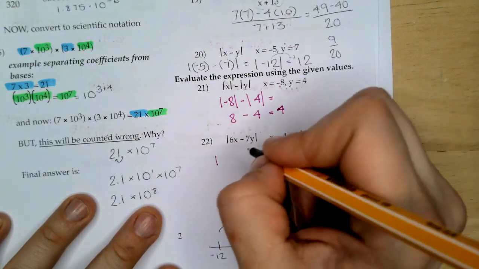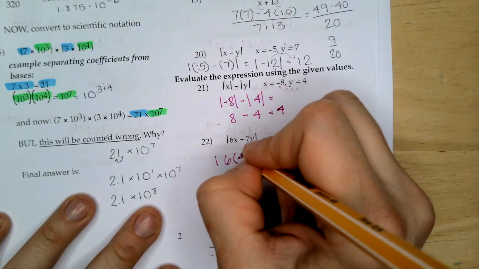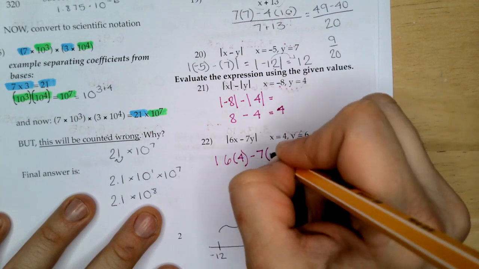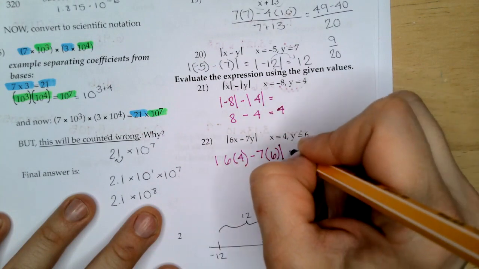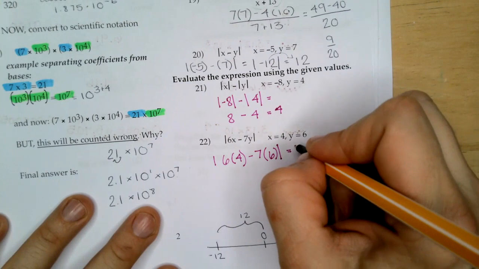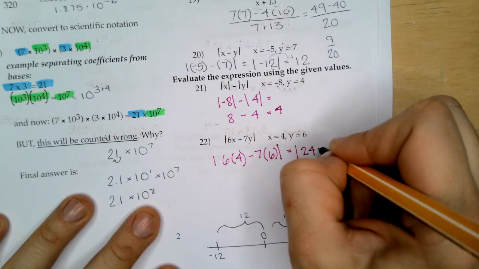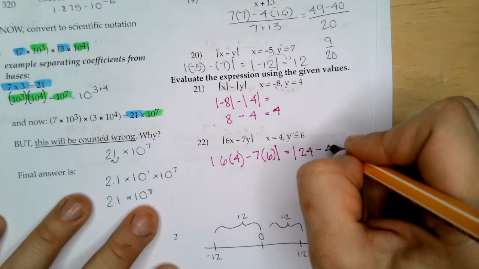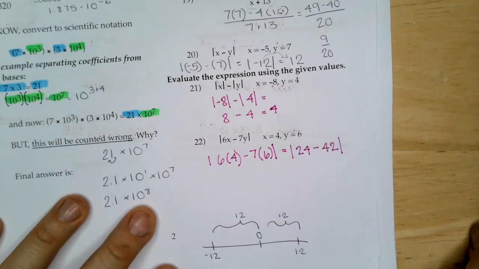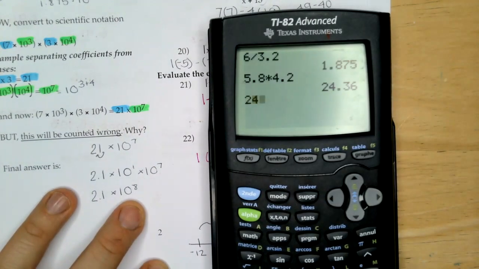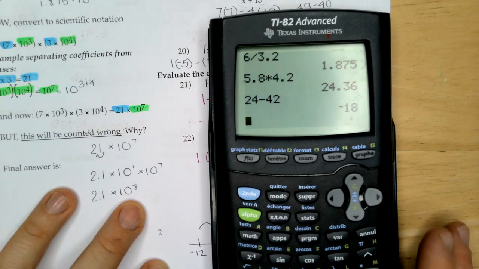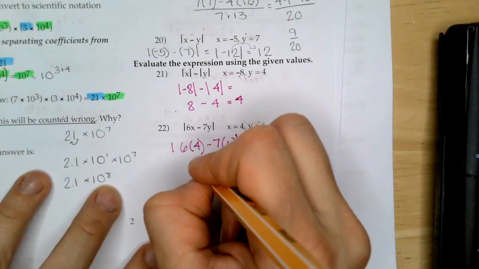Absolute value of 6x minus 4y, 6 times 4 minus 7 times 6 is, 6 times 4 is 24. 7 times 6 is 42. Absolute value of 24 minus 42, -18.